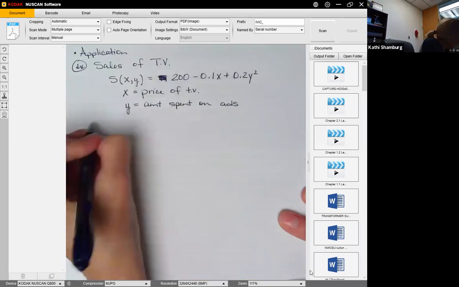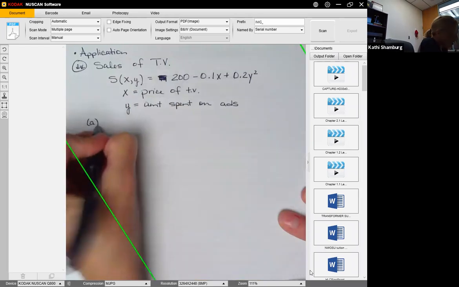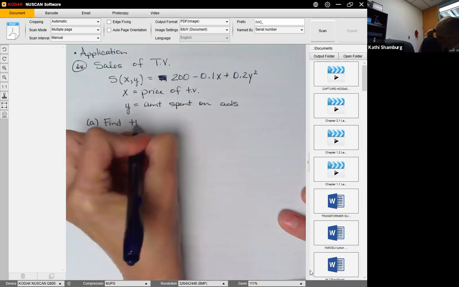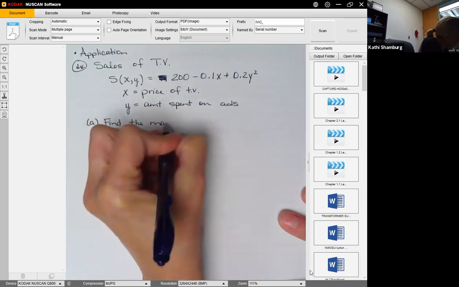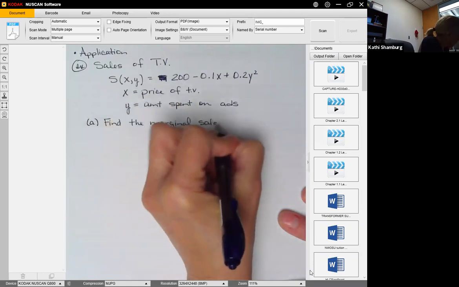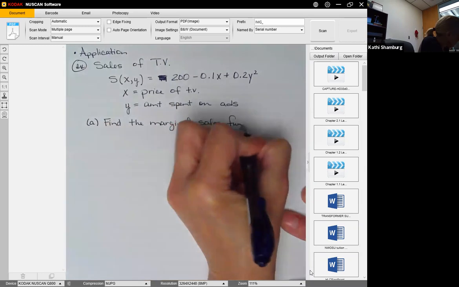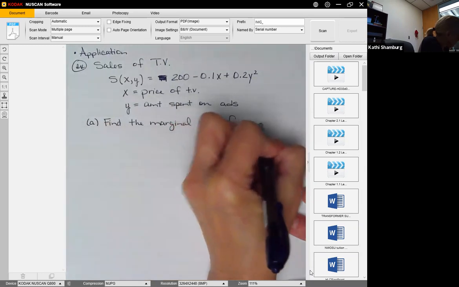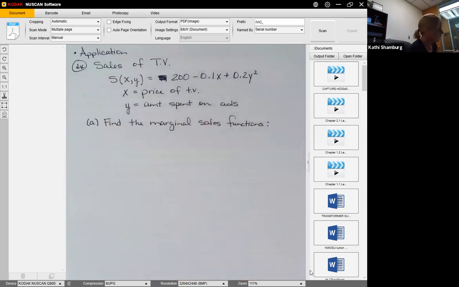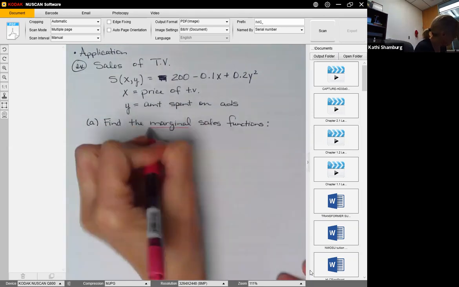All right, so let's suppose part A said, find the marginal sales functions. First off, you're going to have to remember what this word means.